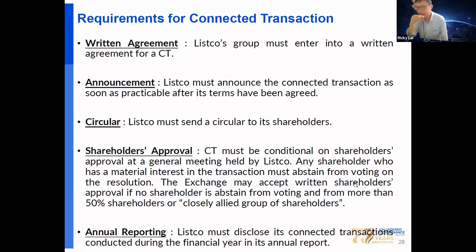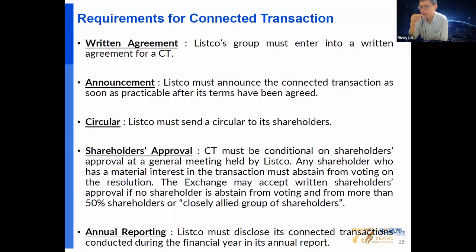Okay, so for the CT, there are some requirements which the listed company must comply with. First of all, the listed company group must enter into a written agreement for the CT. After execution of the agreement, the company should publish the CT announcement as soon as practicable after the terms have been agreed.